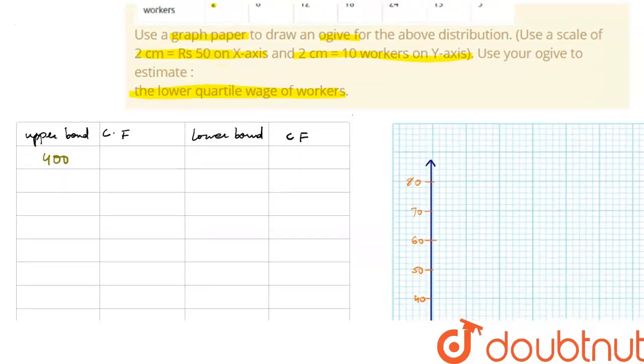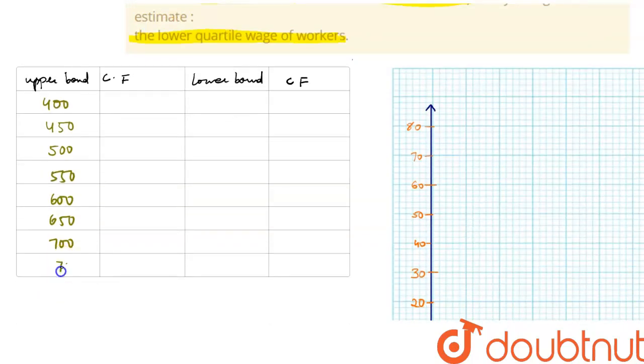Let us fill in 400, 450, 500, 550, 600, 650, 700 and 750. The lower bound is also 400, 450, 500, 550, 600, 650, 700 and 750.